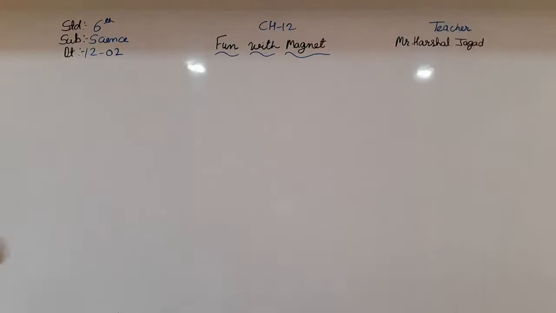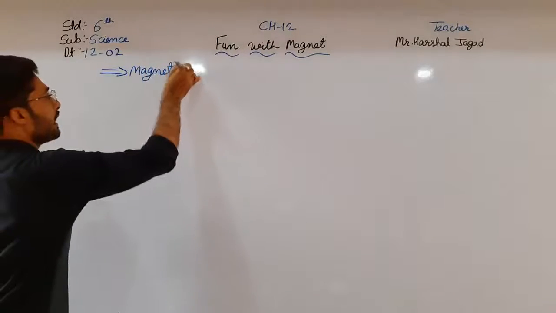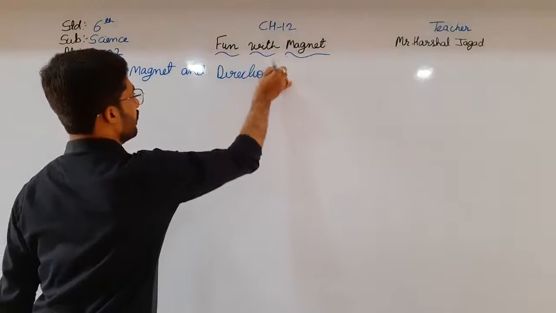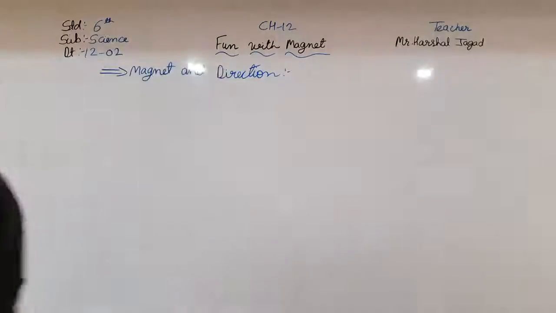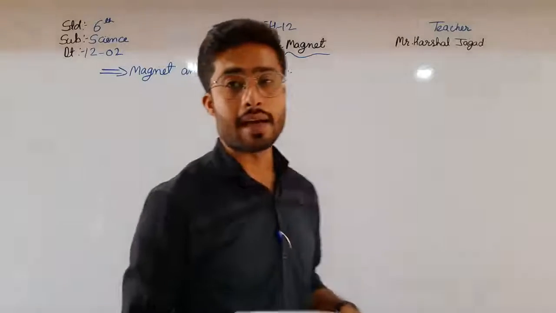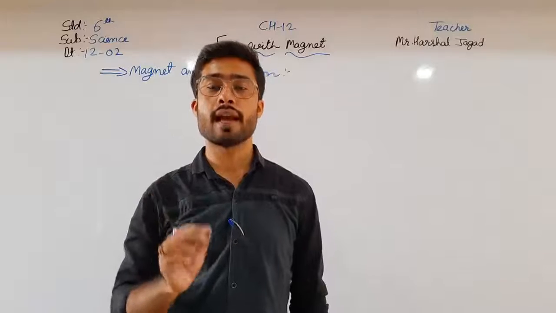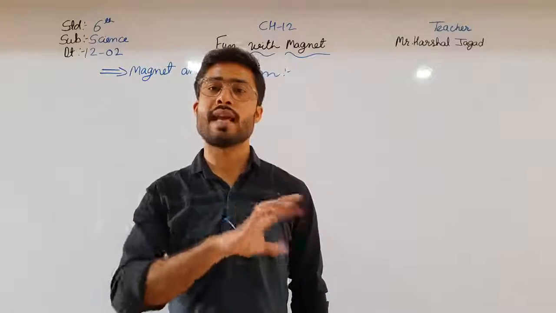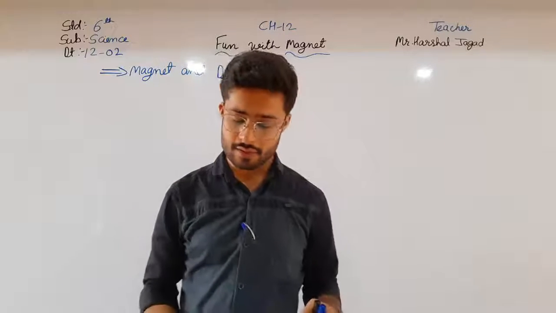One very useful application of a magnet is to find direction. We know that a magnetic compass is used to find direction. When you place a magnetic compass here, you can know which direction is north, south, east, west.